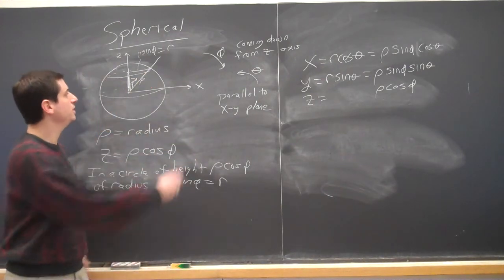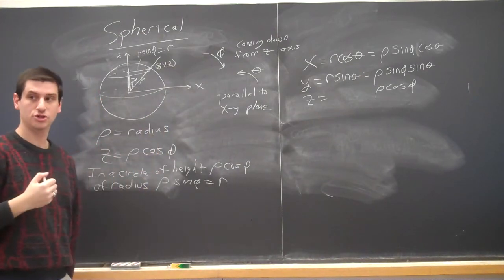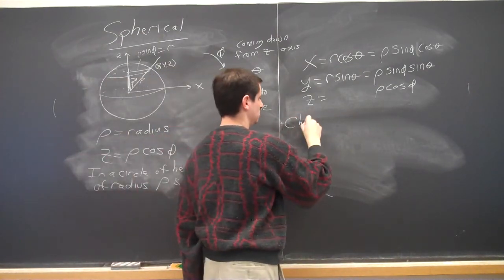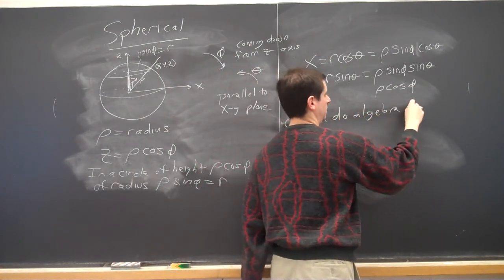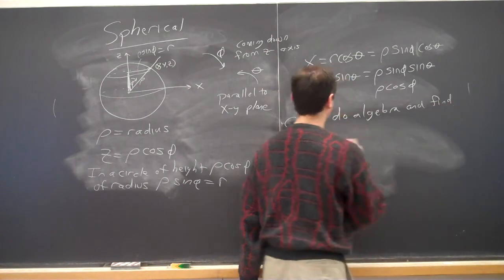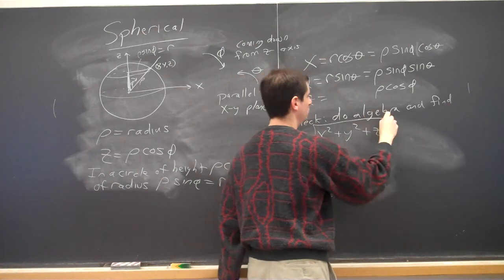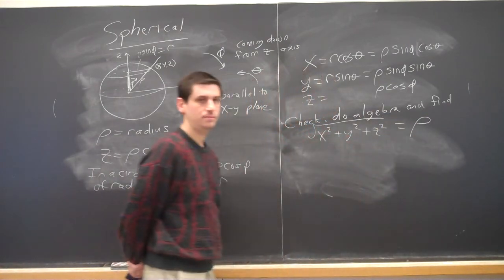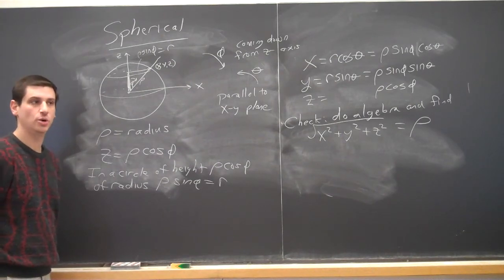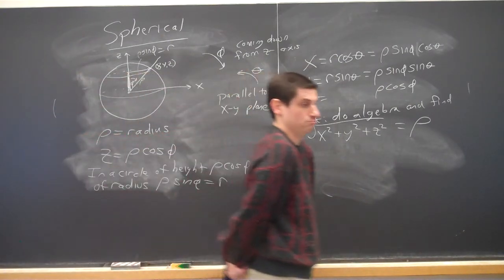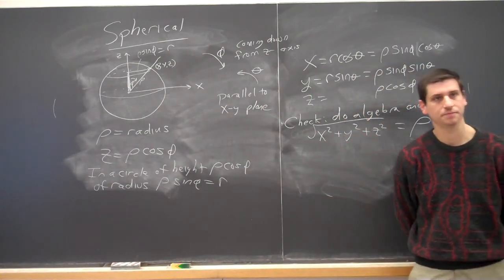So how far should this point xyz be from the center? It should be rho. So as a check, do algebra and find that the square root of x squared plus y squared plus z squared equals rho. I'll leave the algebra to you. It's a good exercise to go through this and check. I'm on the surface of a sphere of radius rho, so my distance from the origin should be rho. When you do the algebra, that's what you get.